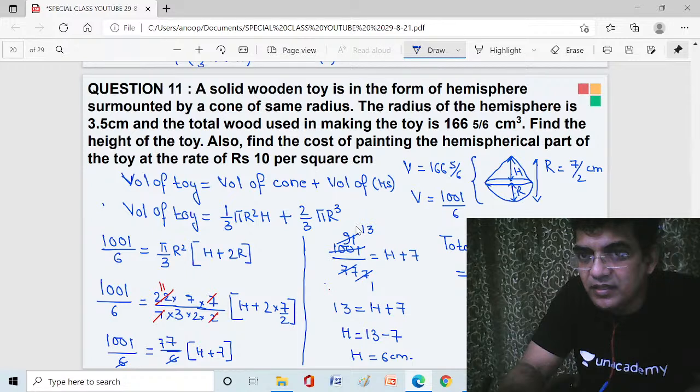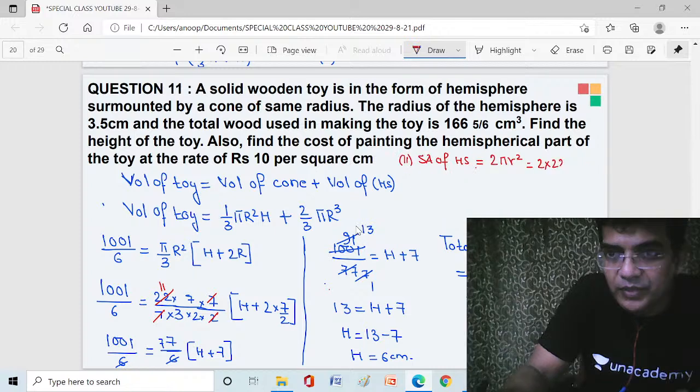Okay, so second part I am doing here, surface area of hemisphere, that will be equal to 2 pi r square, right? This is the formula for the surface area of hemisphere. So let's substitute the values. 2 into 22 by 7, and how much is the radius? 7 by 2 into 7 by 2, r square.